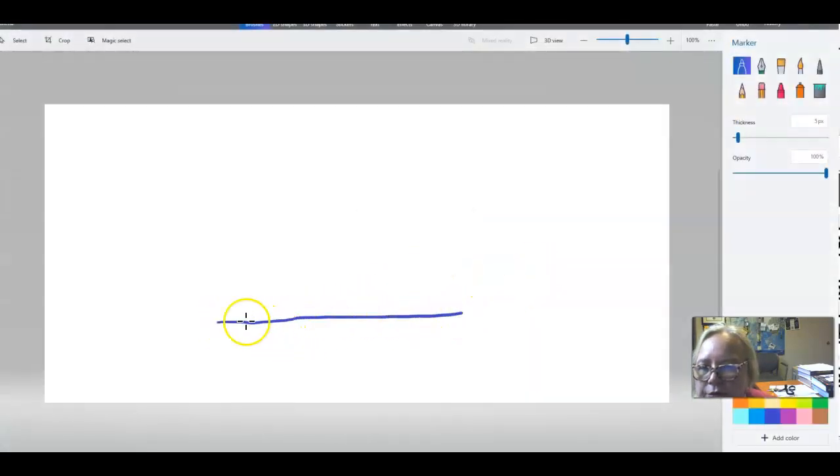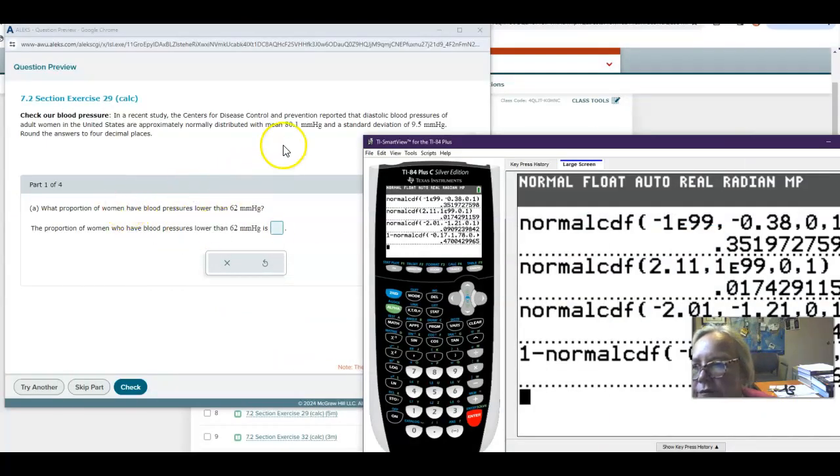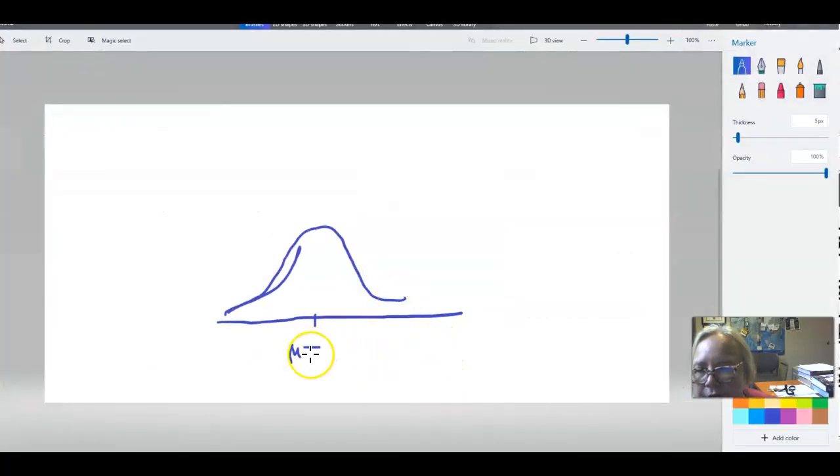So here's the normal curve, and here is the mean. Let's check what the mean is for this problem: 80.1 and standard deviation 9.5.